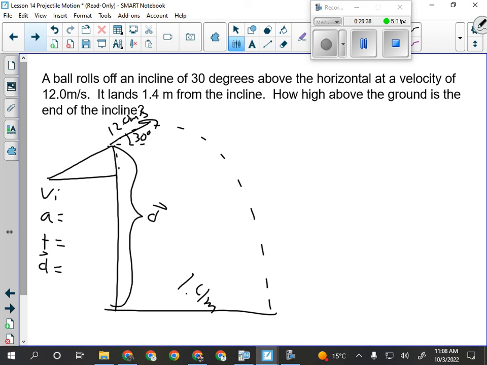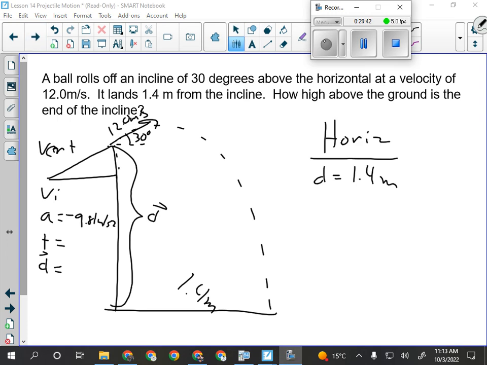Let's see what we can find here. Do I still have the projected velocity and the angle? Can I still calculate the two things I always calculate with those? Yes, I can calculate V horizontal and VI vertical. Those should be your first moves.